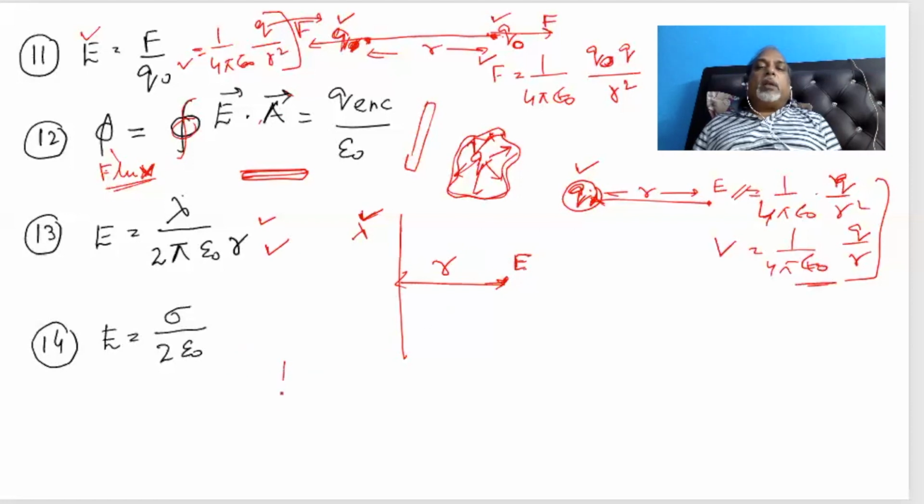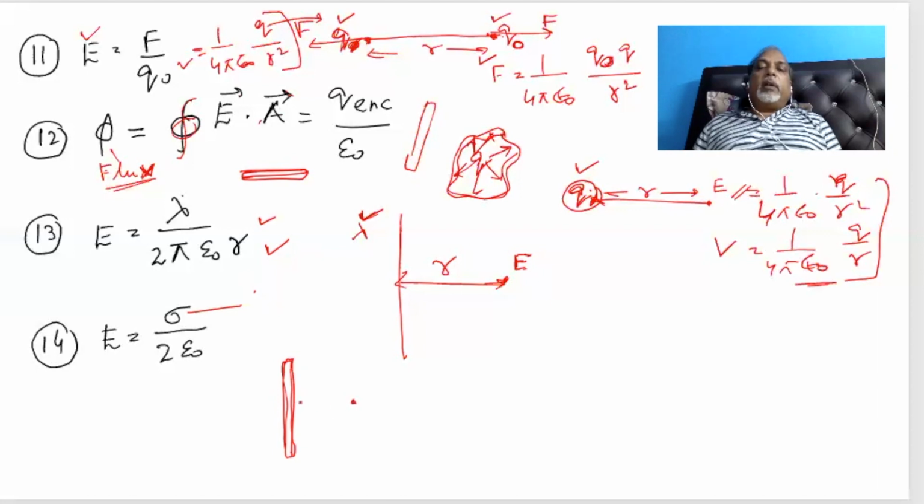Likewise, if you have a non-conducting infinite plane sheet of uniform surface charge density, what will be the electric field?